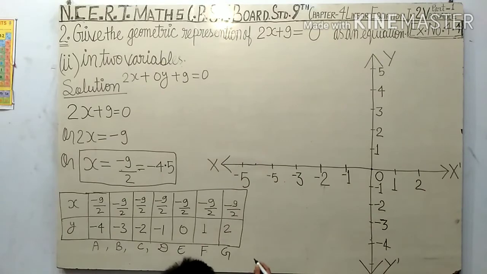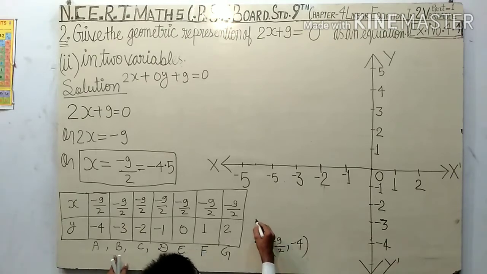So the point will lie here, named A, with coordinates -9 by 2, -4.